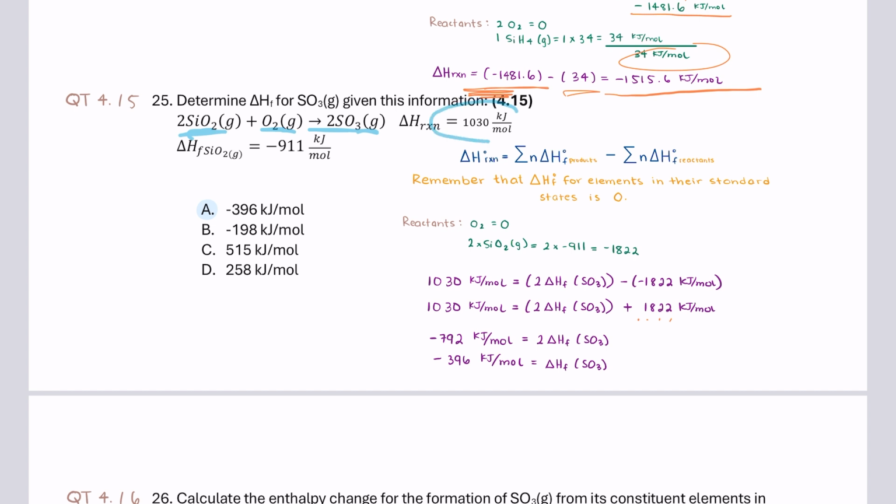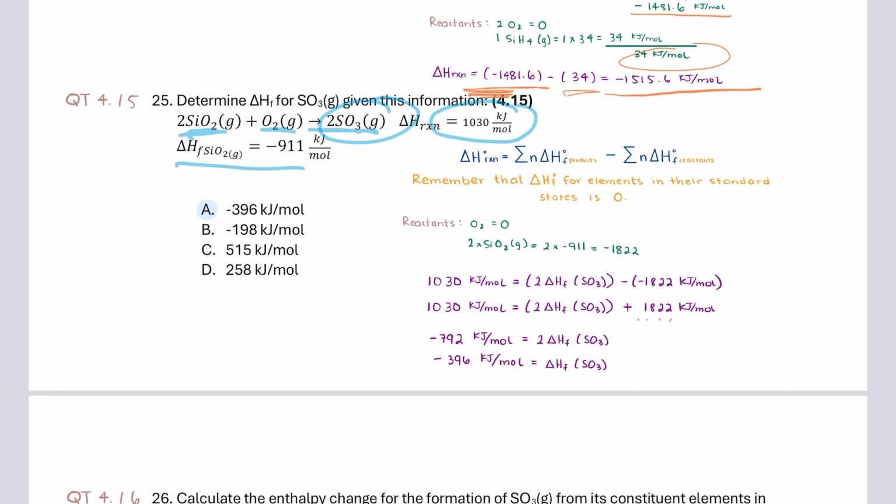The overall enthalpy change for the whole reaction is positive 1,030 kilojoules. We're also given that the change in standard enthalpy of formation for silicon dioxide gas is negative 911 kilojoules per mole, and our goal is to find the change in standard enthalpy of formation for sulfur trioxide gas.